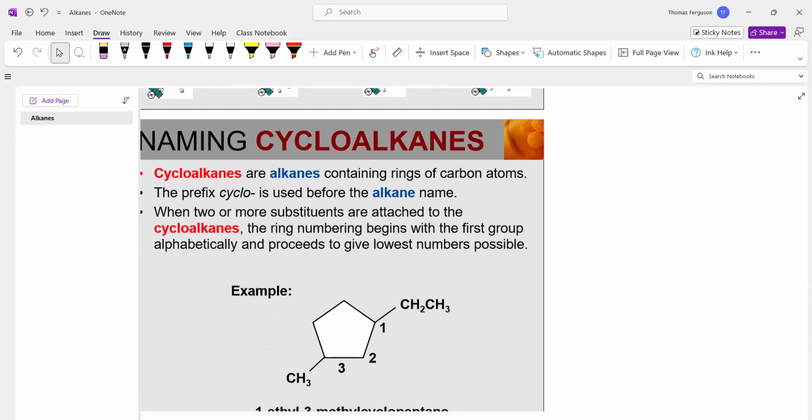Ring structures automatically identify the backbone. So if there's a ring involved, that's the backbone. Like in this case here, it's a 5-membered ring, and that'll be the backbone. And then we have an ethyl and a methyl branch.